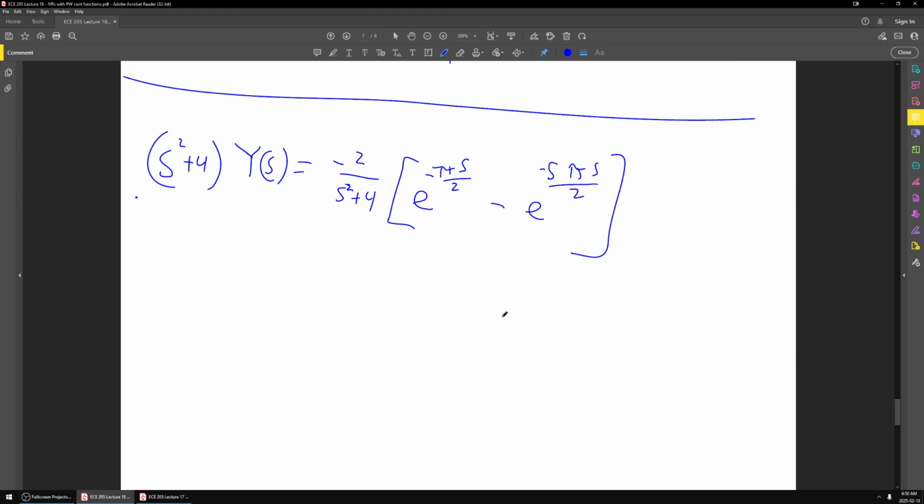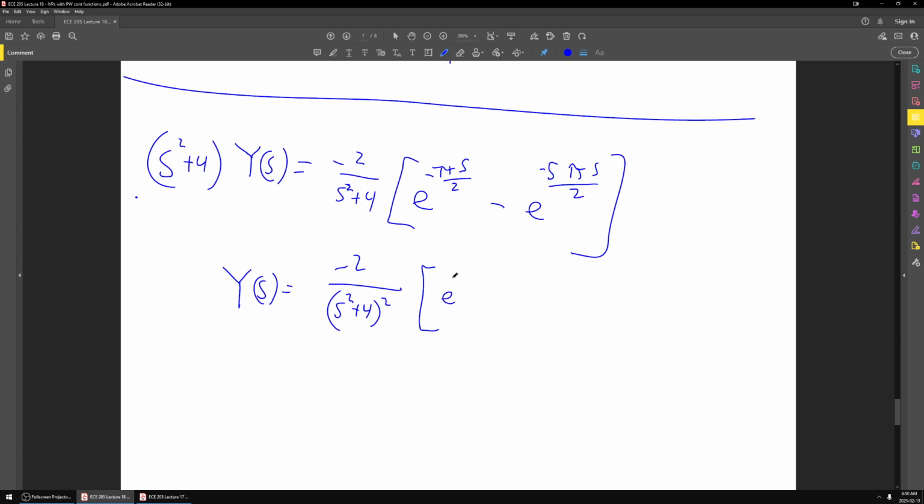I will give you things to try to avoid using that formula. So now what we need to do is solve for Y of s, which is pretty straightforward. Y of s is going to be this divided by here, so I'm going to get my resonance going on. Yay, resonance. I'm going to get my minus 2 over s squared plus 4, quantity squared.